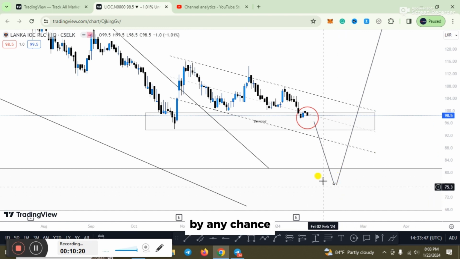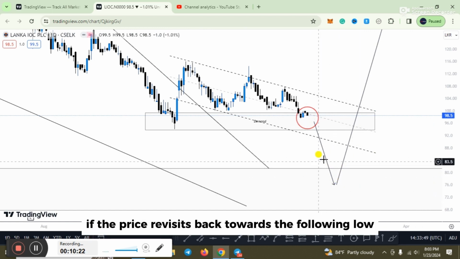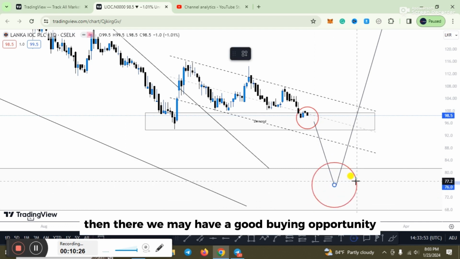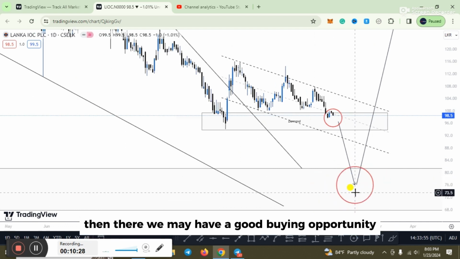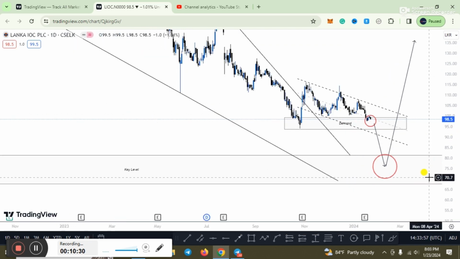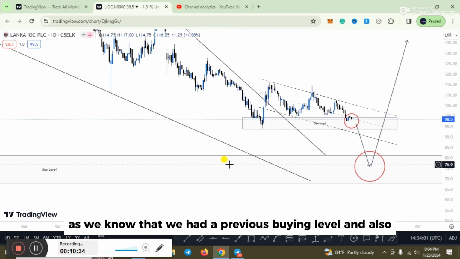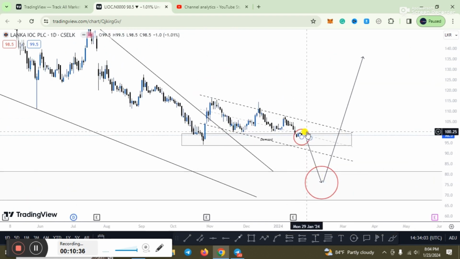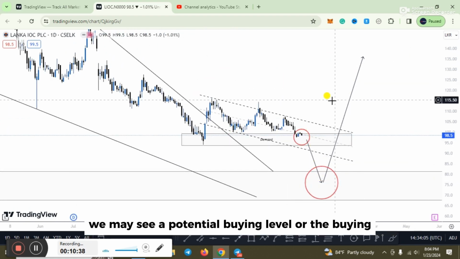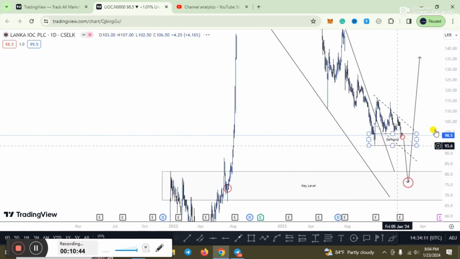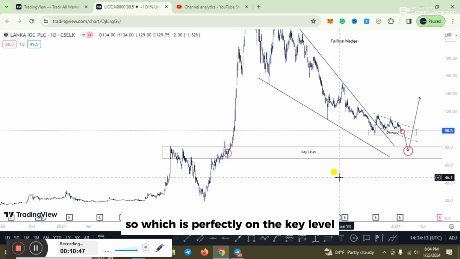If the price revisits the following low, then we may have a good buying opportunity, as we know that we had a previous buying level, and we may also see a potential buying interest built around this area, which is perfectly on the key level.